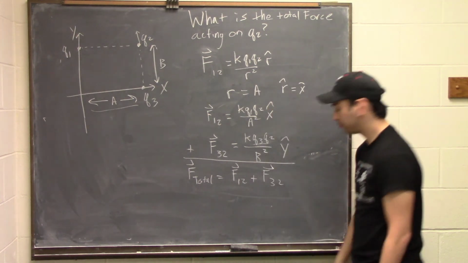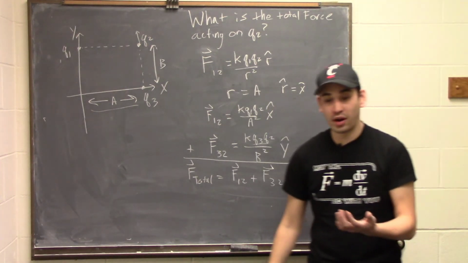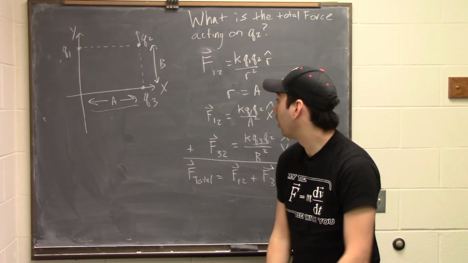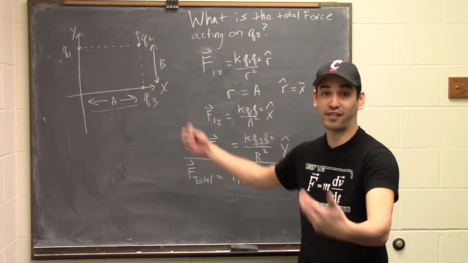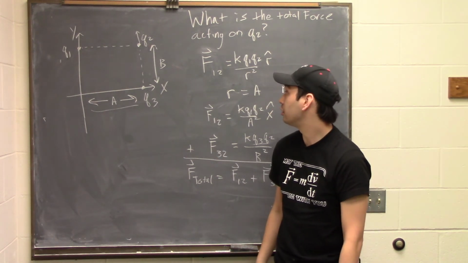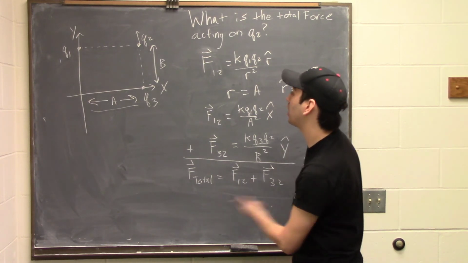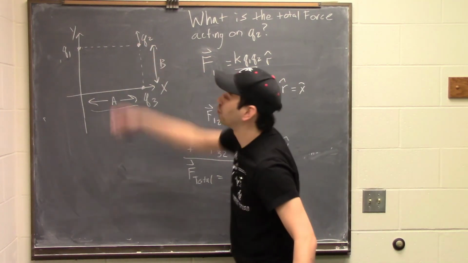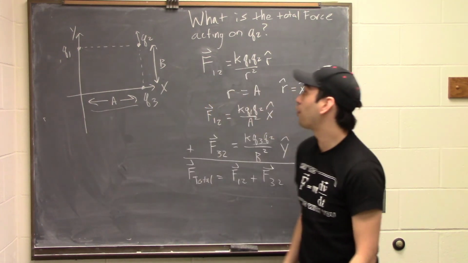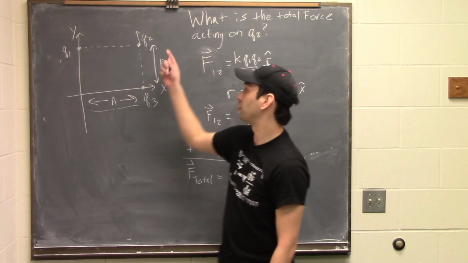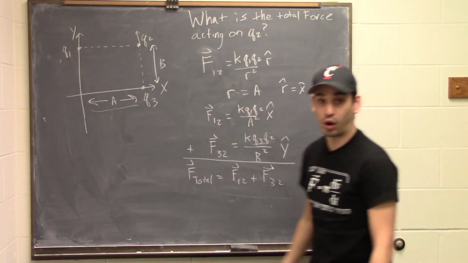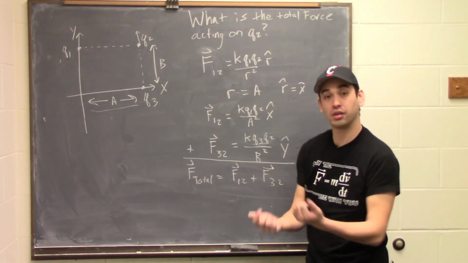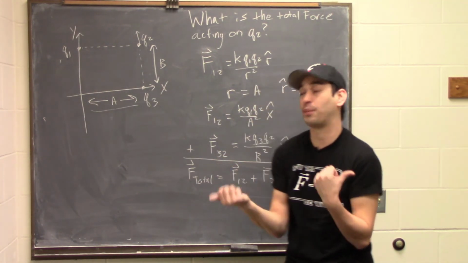Okay? Now, you'll remember I asked you a question earlier about what Newton might have to say about these forces. So, for instance, we calculated what the force is acting on Q2 from Q1. What could we say that the force is acting from Q2 to Q1? Well, Newton's third law says that they should form an equal and opposite pair.